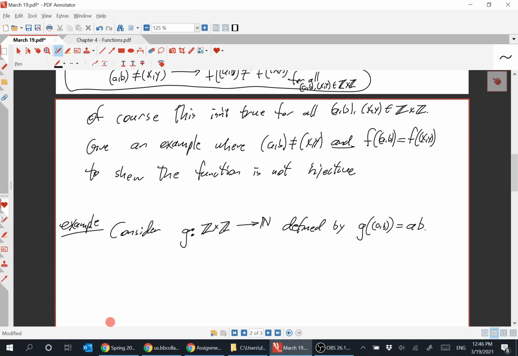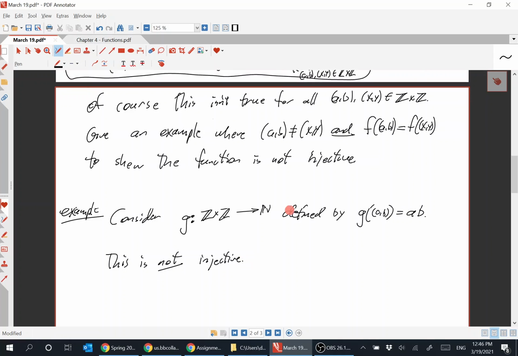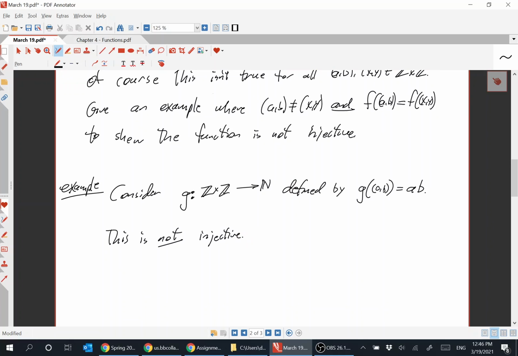This is not injective. Why? Well, give me a pair, two actual pairs now. I mean, not abstract pairs, two actual pairs, like, 3 comma 5. Give me two pairs that are not equal, but when you apply G to those pairs, it is equal.